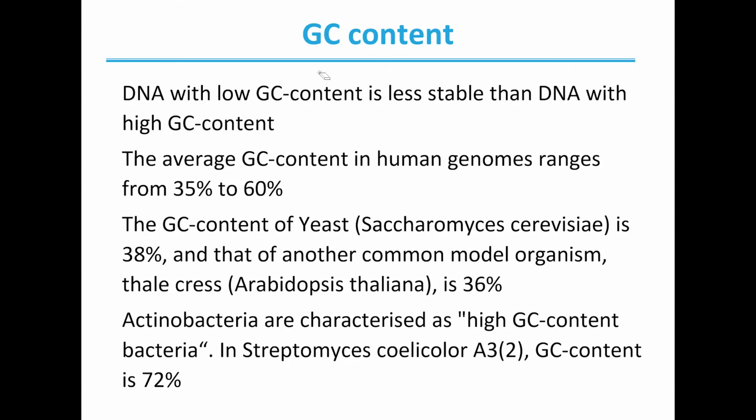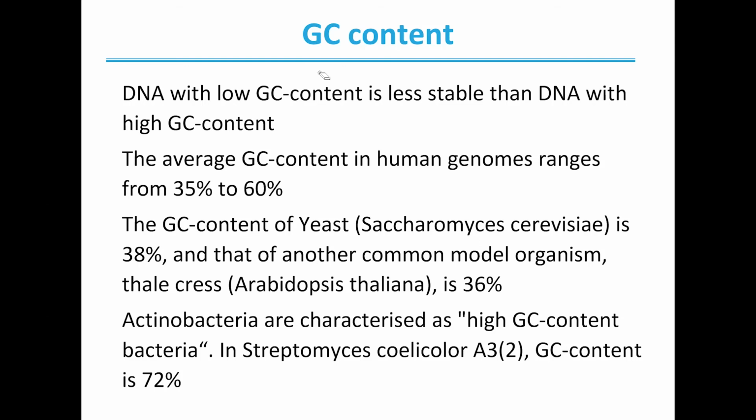That means that the rest of it is A and T. Another organism, the Thale cress, has about 36%. These are other eukaryotic type cells with DNA, but again, they have lower GC content.